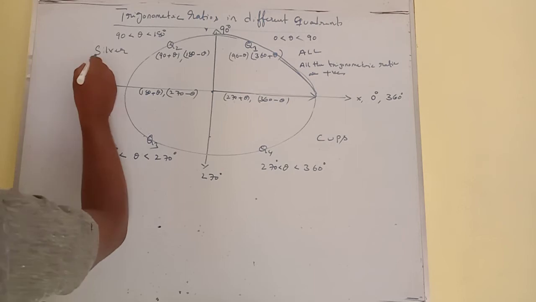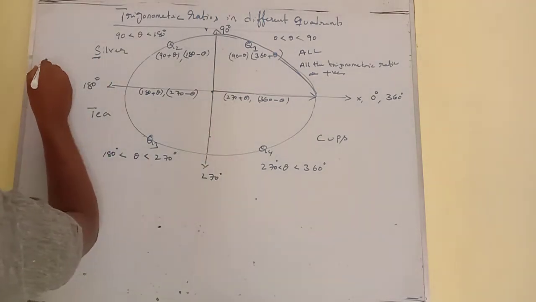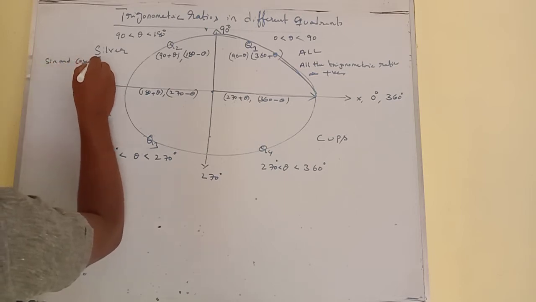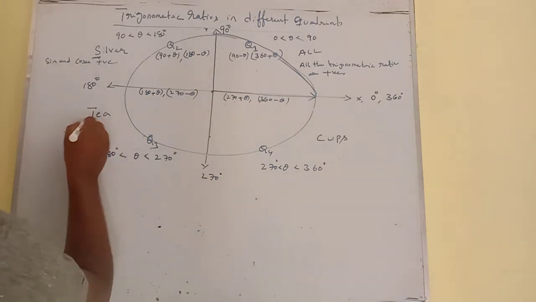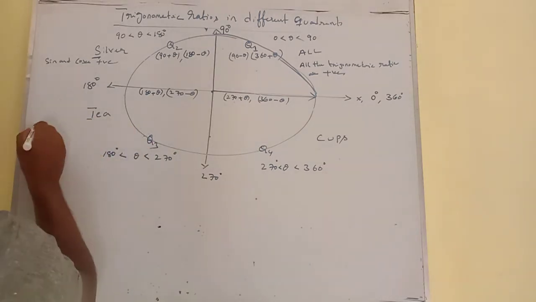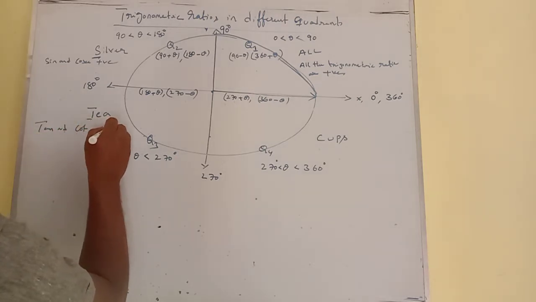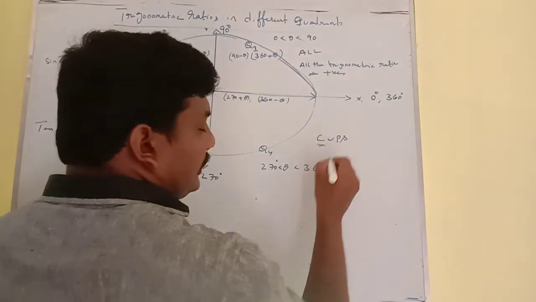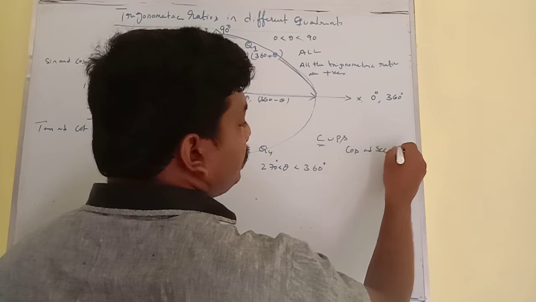Here only sine, S means sine, and its reciprocal cosecant is positive. Coming to this side, T refers to tan, and cot is positive, and cups, in the sense here C indicates cos, and secant is positive.